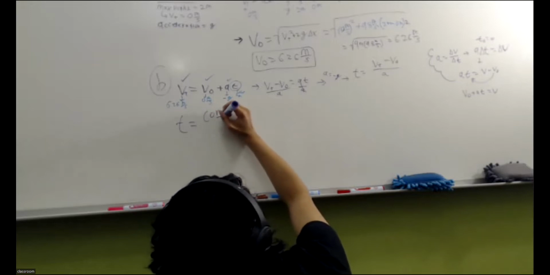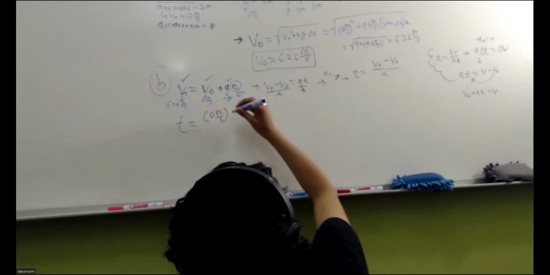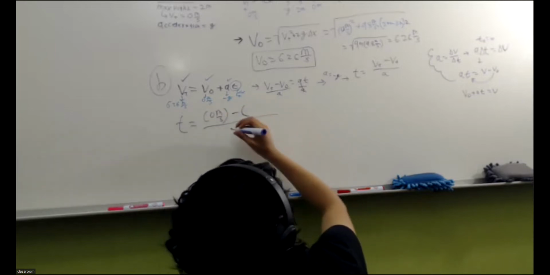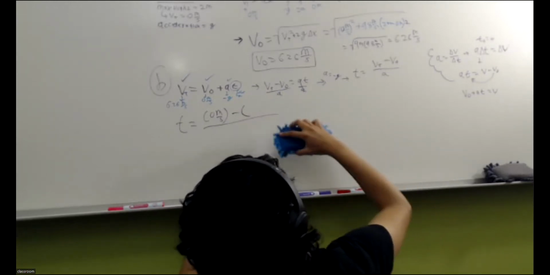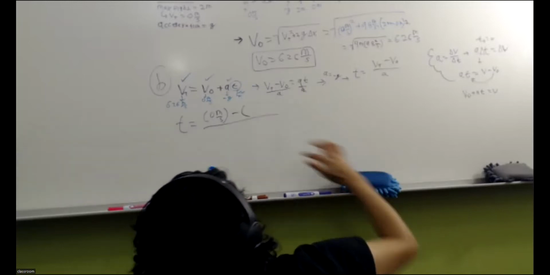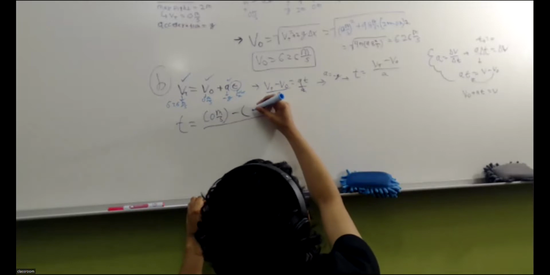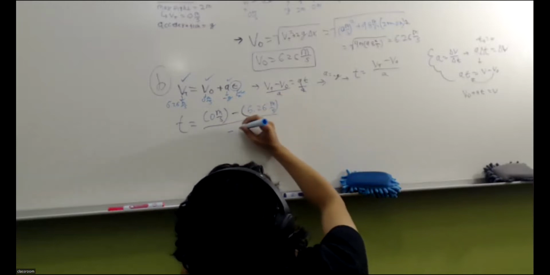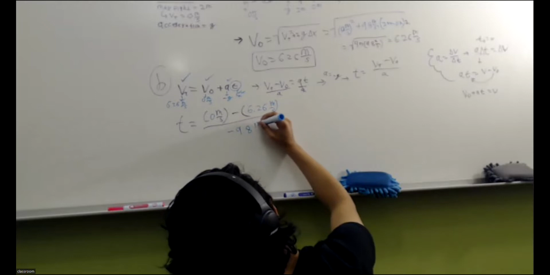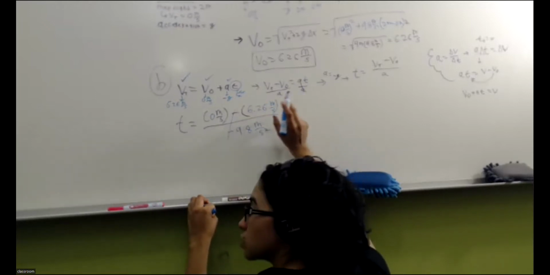0 meters over second. I mean, keep my color consistent. So those two cancel out because that 0 is basically nothing.